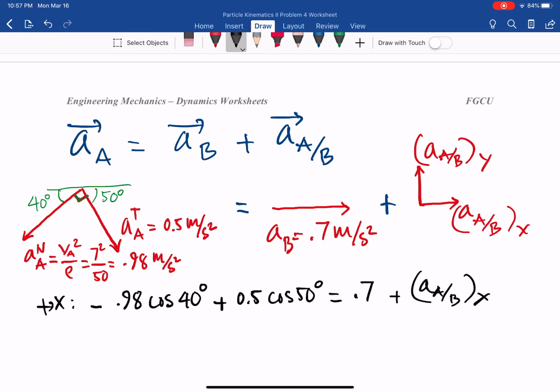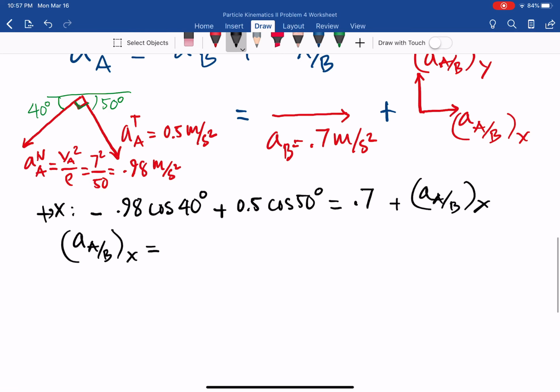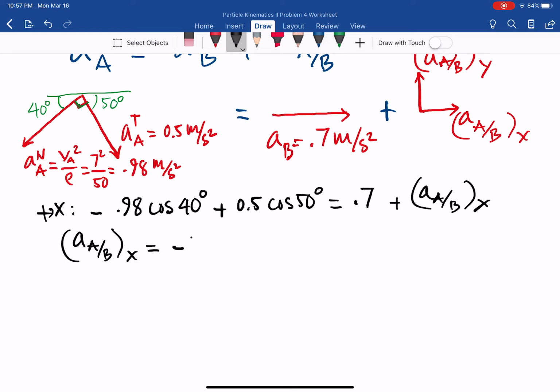From that one equation, one unknown, I get A_A relative to B, x equal to negative 1.129. What does negative mean? Opposite to our assumed direction: 1.129 meter per second squared, going to the left.